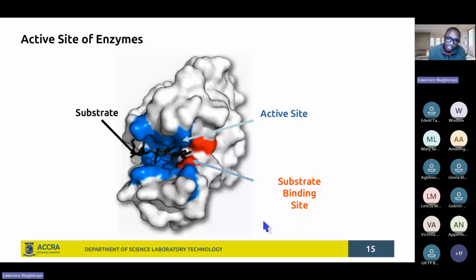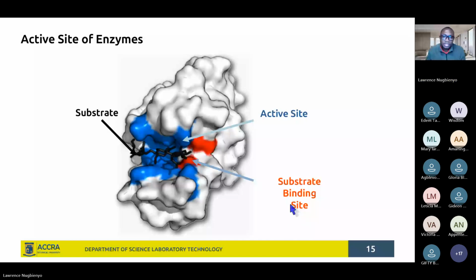What it means is that it is these specific amino acids that act directly with the substrate. So a particular point of those amino acids are going to be interacting with the substrate. And that's what we are referring to as the substrate binding site. Those specific amino acids, some specific portions of them that are having some chemical interaction with the substrate, those are the substrate binding site.